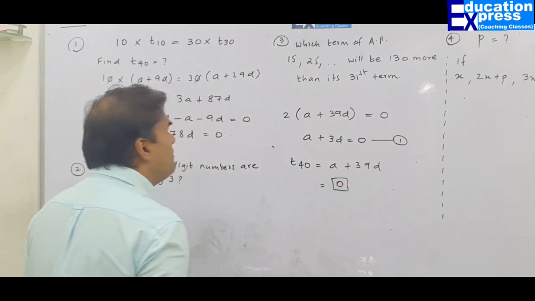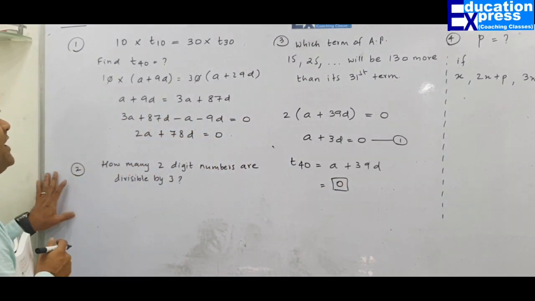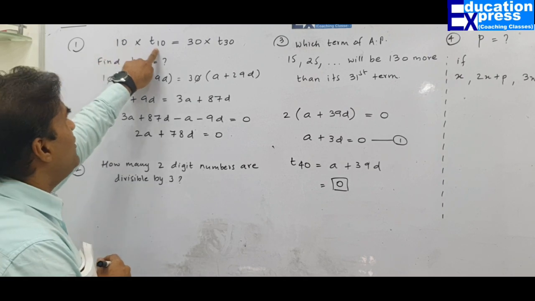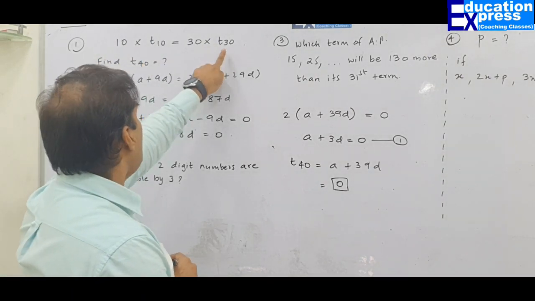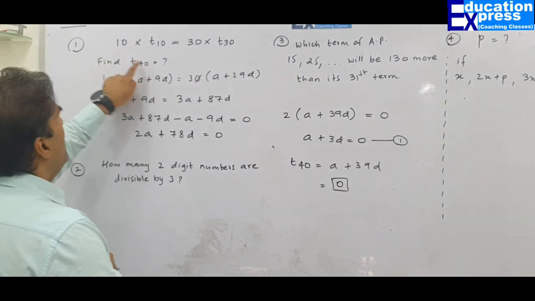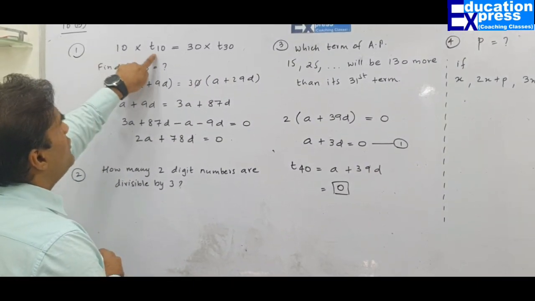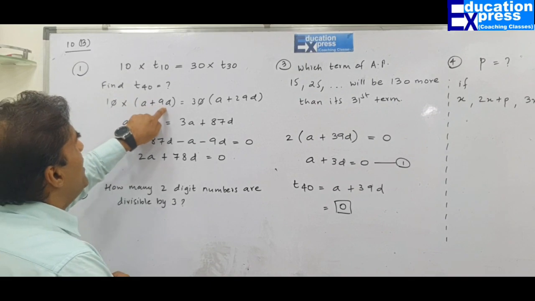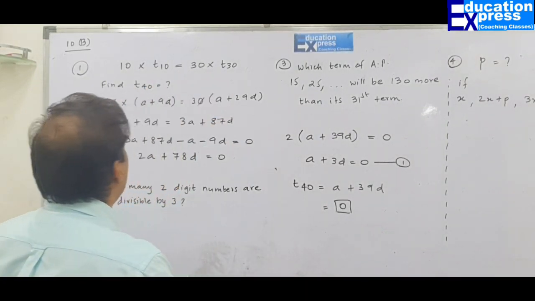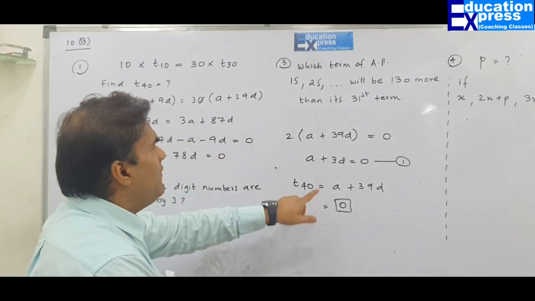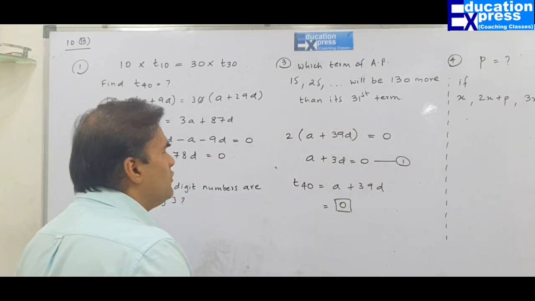It was such a simple question but very nicely arranged. 10 times the 10th term is equal to 30 times the 30th term. Find T40. We know the 10th term is A plus 9D, equal to 30 times A plus 29D. When you solve this, you arrive at A plus 39D equals 0.